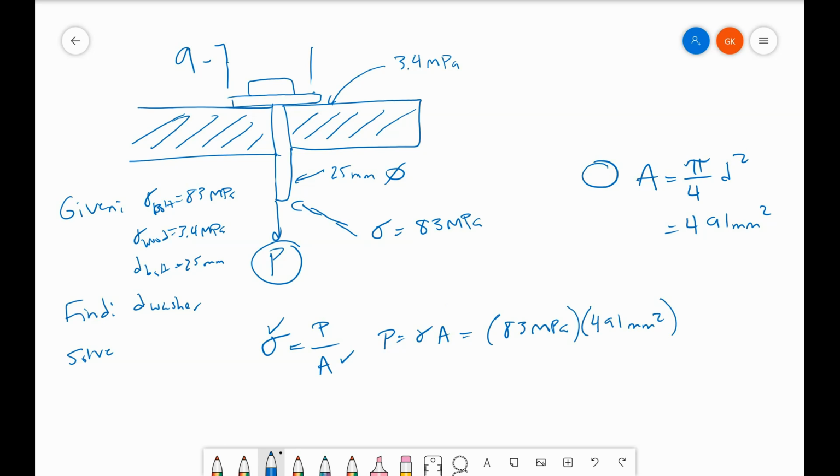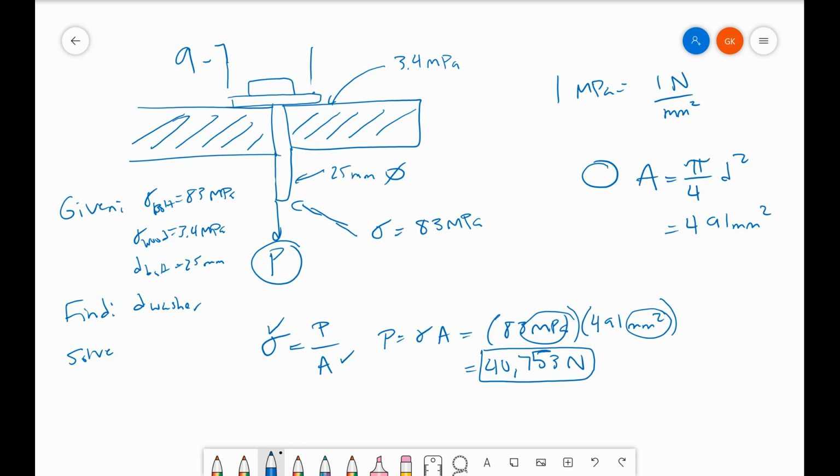If you don't remember what the units are, just remember that 1 megapascal is equal to 1 Newton per millimeter squared. I've got millimeters squared and megapascals, so the unit should be newtons. If I solve this, the load is 40,753 newtons. So far so good.